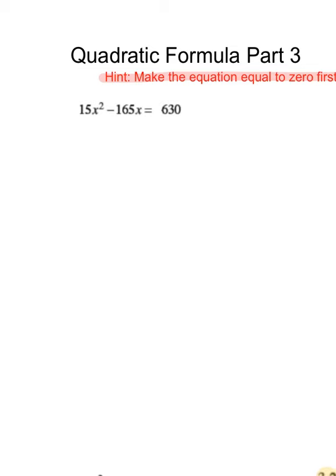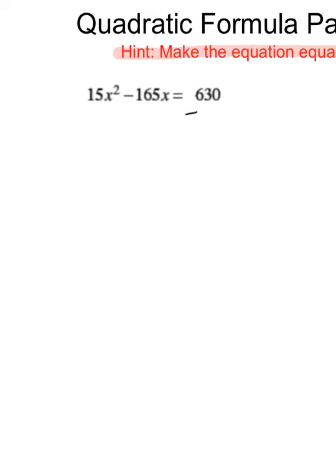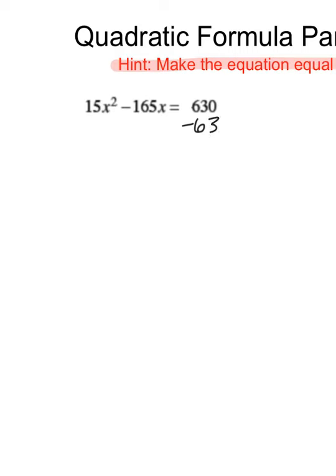So what we need to do is get rid of this 630. What we can do is undo 630 by minusing 630 on both sides of our equation. So that 630 minus 630 would make 0 is equal to. On the left, there are no terms that are missing an x, so we've got the three types of terms.